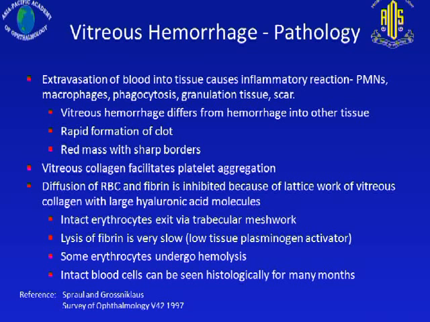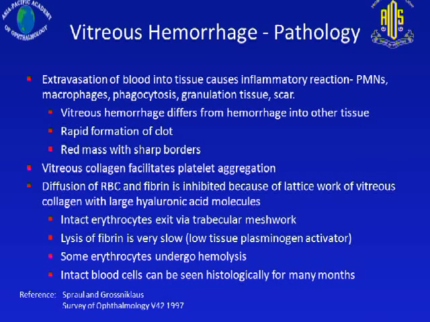In the vitreous, it forms a rapid clot. It appears as a red mass with sharp borders. And of course, the vitreous collagen facilitates platelet aggregation, and the diffusion of RBCs is inhibited because of the lattice of vitreous collagen with the large hyaluronic acid molecules.